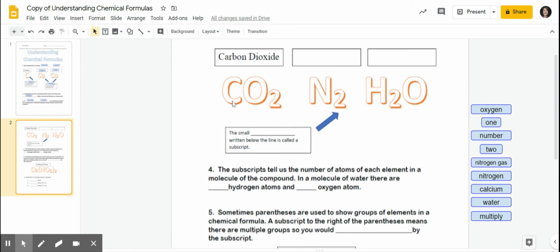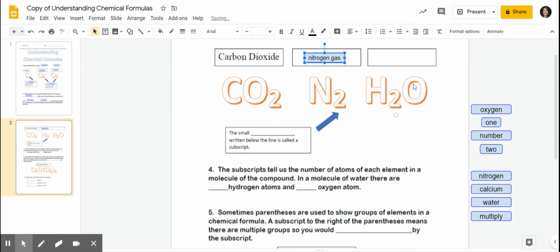This one's carbon dioxide, a compound. This is an element. Remember what this diatomic element is called? It's nitrogen gas. And this you might recognize as the chemical formula for water.